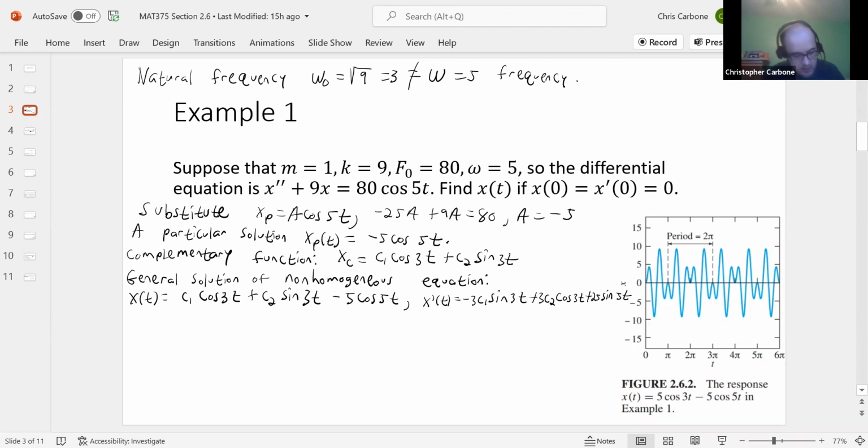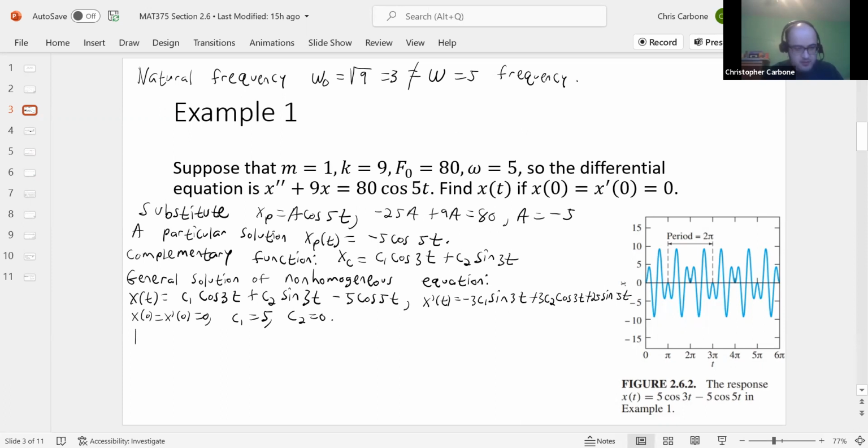So, the initial conditions, from x of 0 and x prime of 0 both being 0, we would obtain that c sub 1 is 5, c sub 2 is 0.